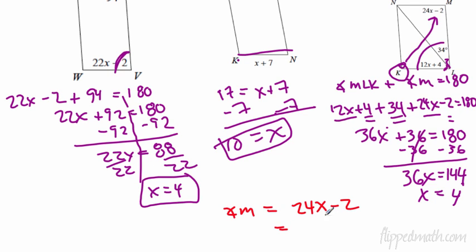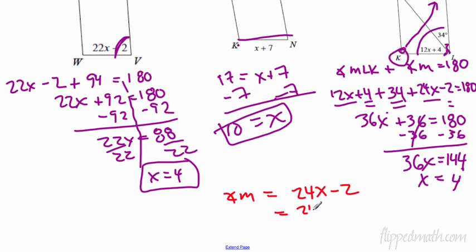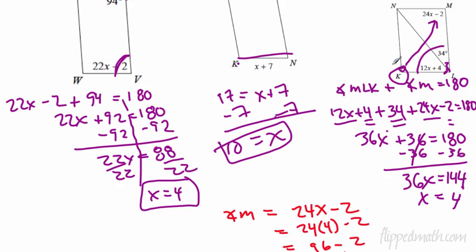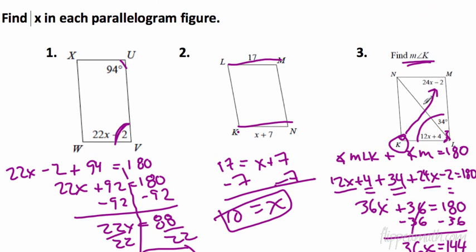And we know that x equals 4, so it's 24 times 4 minus 2, and 24 times 4 we know is 96. Subtract 2, so all this equals 94 degrees. That's what angle M is, and we know that angle K is also the same measure as angle M because they're opposite each other.